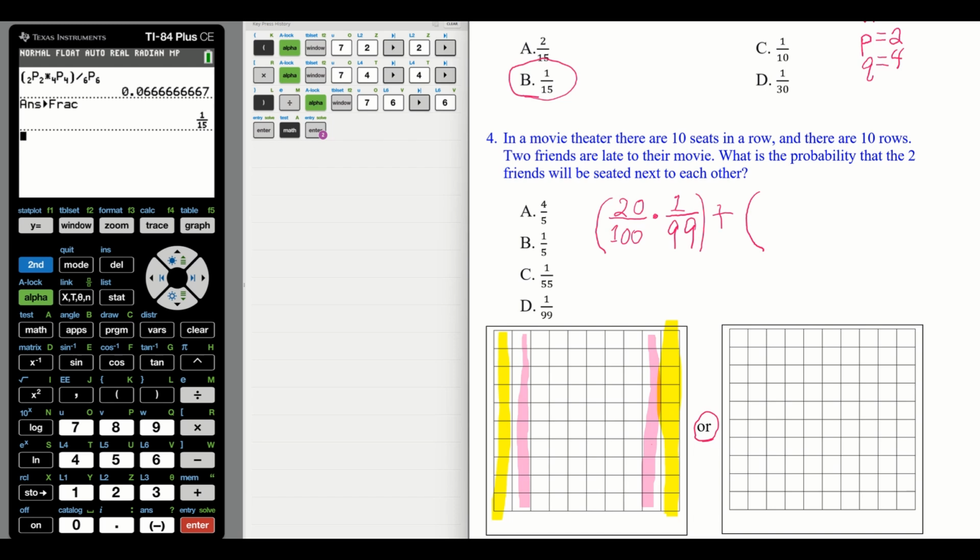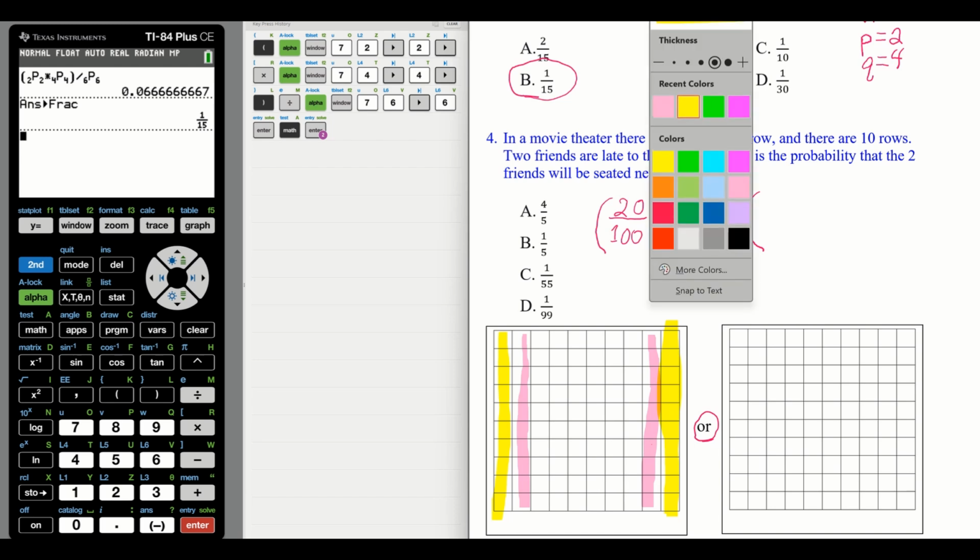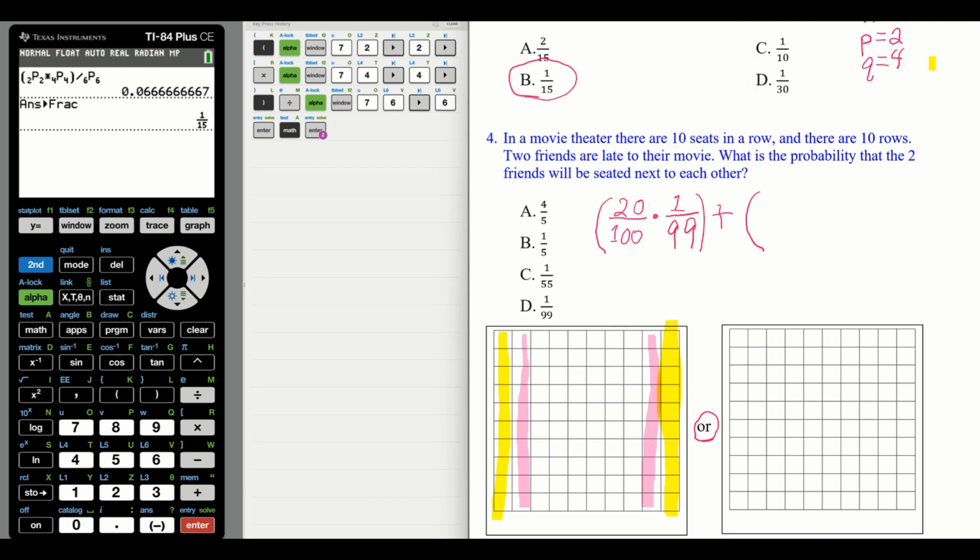Now, we've talked about the aisle. Let's go back. And what would be a different possibility? Well, they could sit here or any one of these others on the inside. That would be the first friend.